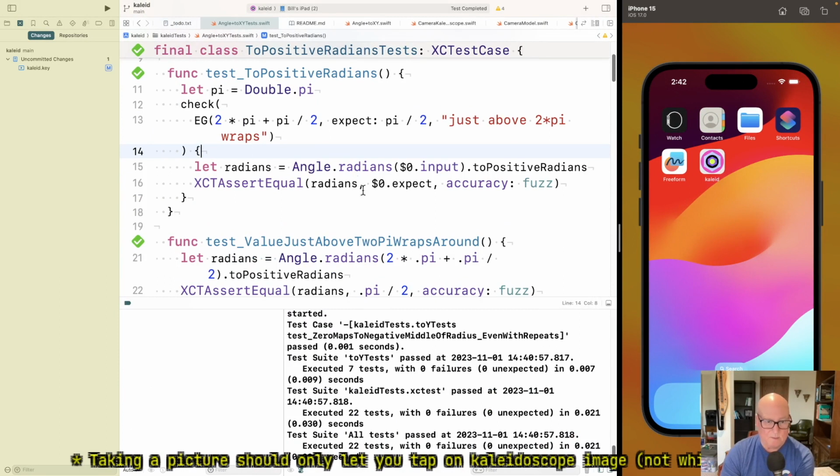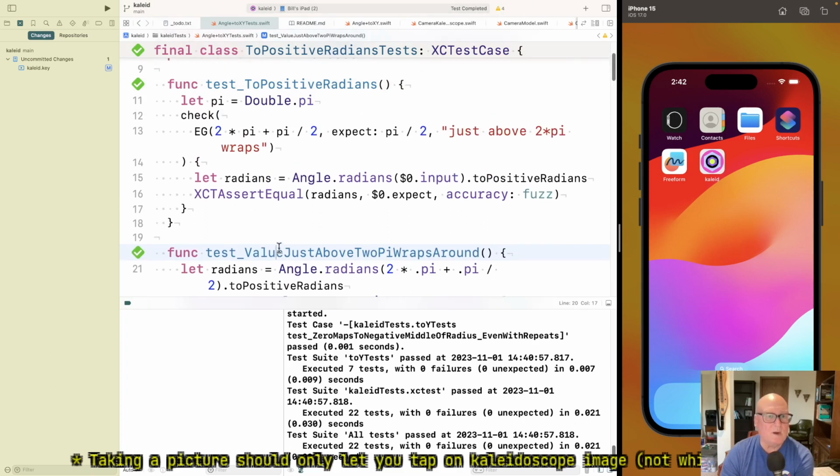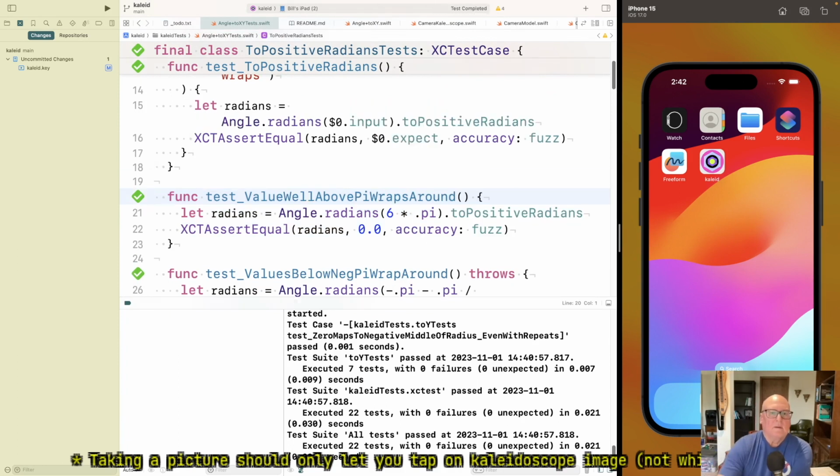All right, so this test 2 pi plus pi is covered. Now let's do 6 pi.